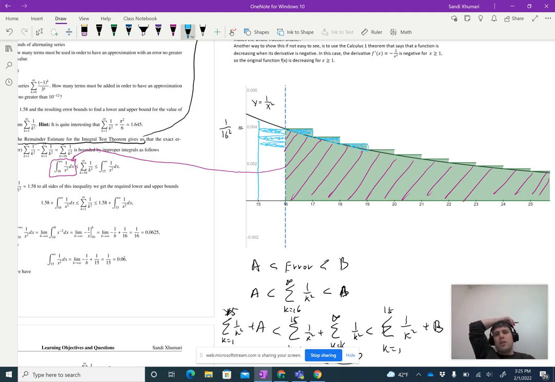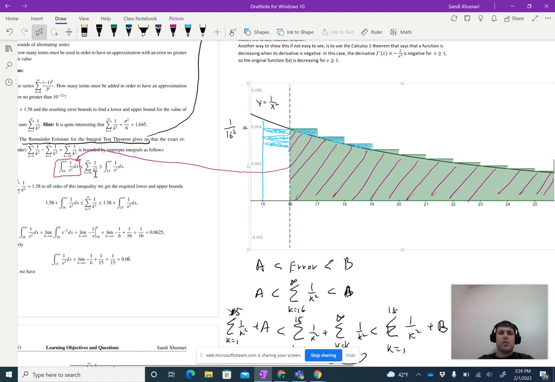So we can see that an upper bound for the sum of the green area will be the integral going from 15 all the way to infinity, because from 16 to infinity is this part, and from 15 to 16 we get an upper bound on all the blue areas that are sticking out. And so going from 15 to infinity, just moving back by 1, gives us an upper bound.